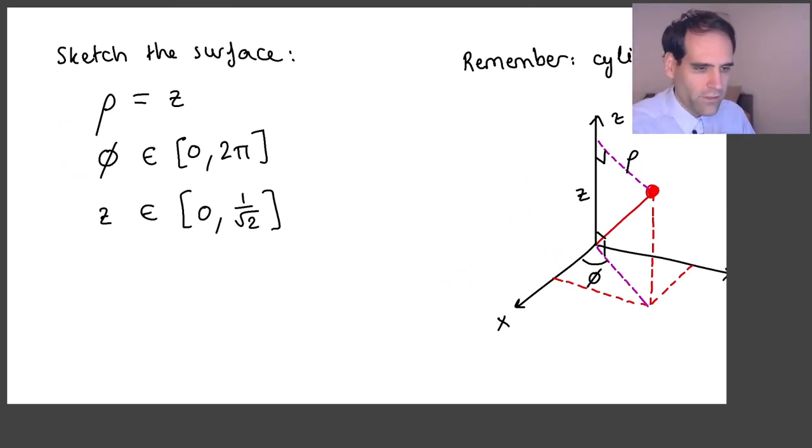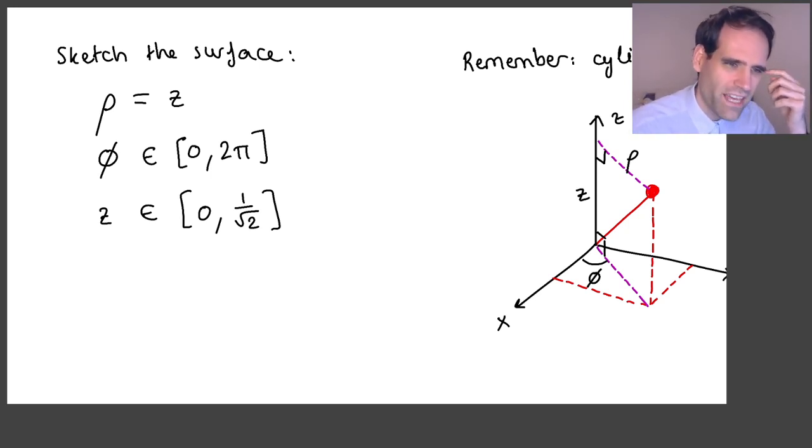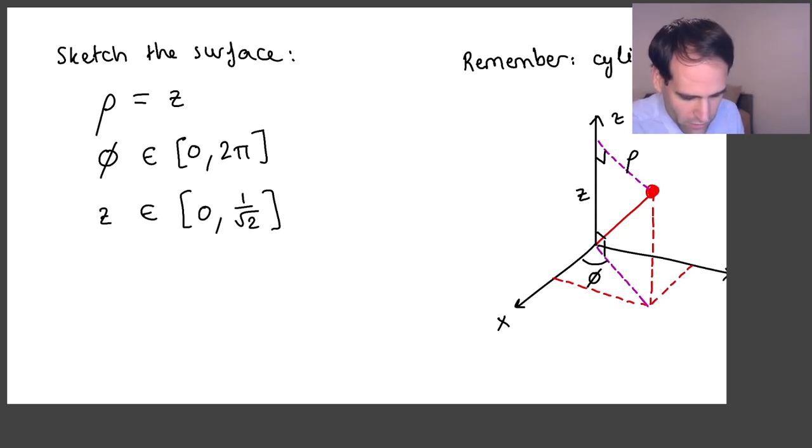I would like to have a disclaimer before I do this: I could spend hours trying to teach you different examples of surfaces in cylindrical and spherical coordinates, and probably it wouldn't help because it really depends on you. Your progress on this topic will depend on you scratching your head, thinking about this, substituting values of rho, phi, and z that fulfill the equations, and trying to figure out what this shape is.